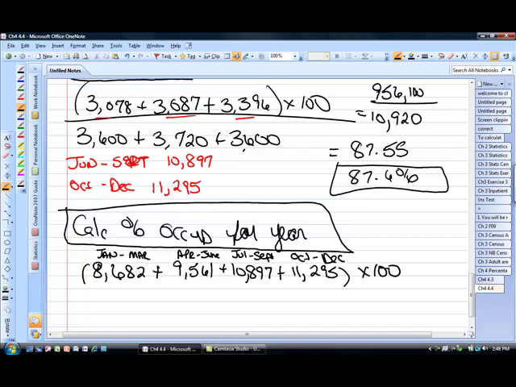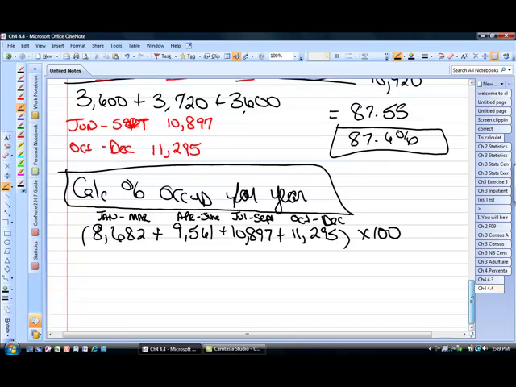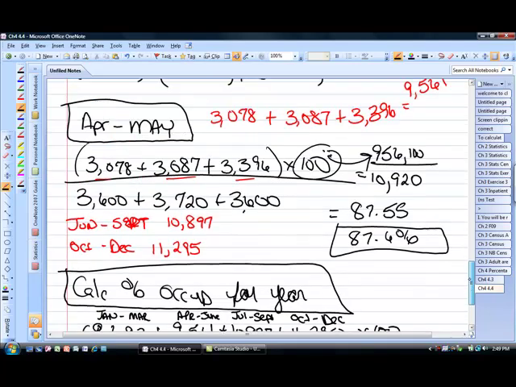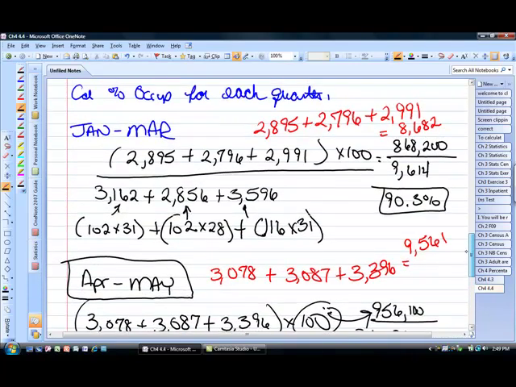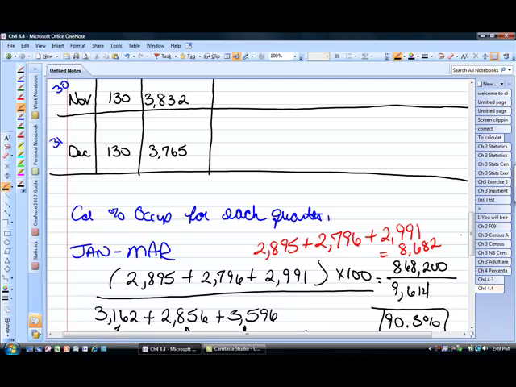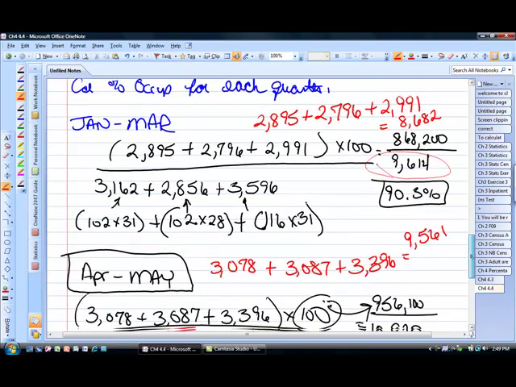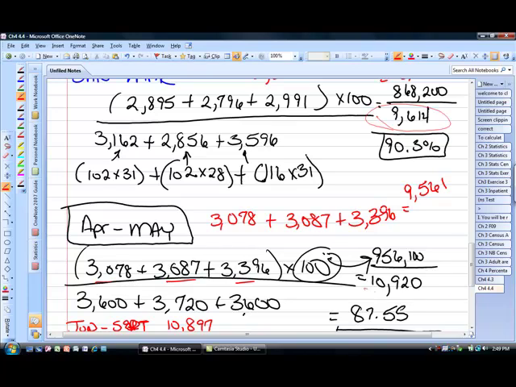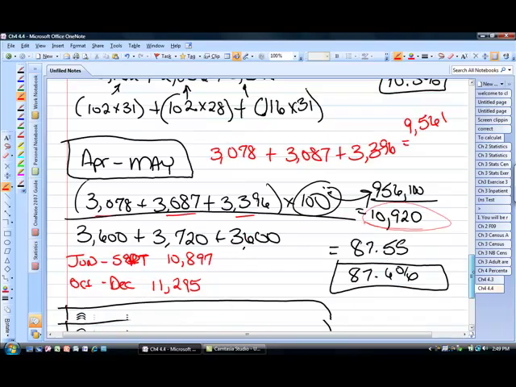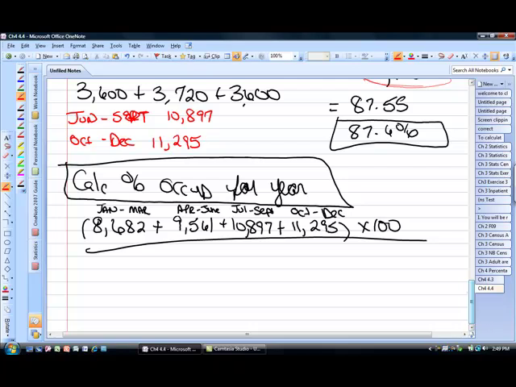We get these totals before we multiply by 100 here. After we multiply by 100, that's why we have 956,100. Okay, our denominator. We get this from up here. If you look right here, we have 9,614. For this one, we have 10,920. So we're just going to record that information. Given that we had worked these out for the others, we would have those totals.